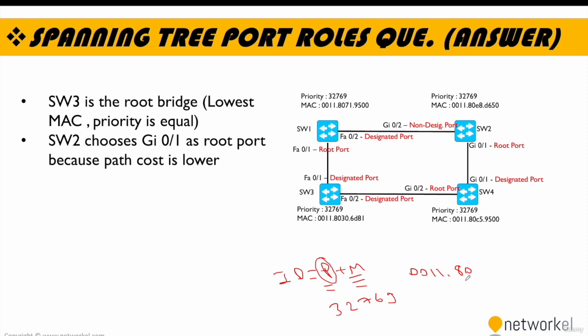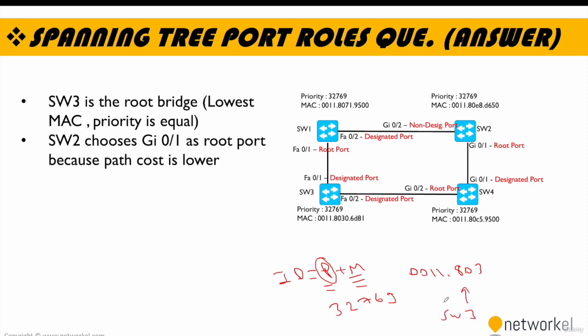Okay. After 80, there are some different numbers. For switch 1, it is 7. For switch 2, it is E. For switch 4, it is C. But for switch 3, it is 3, right? So it is 3 for switch 3.